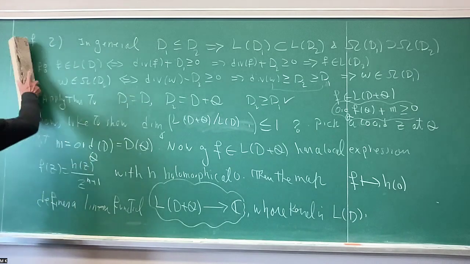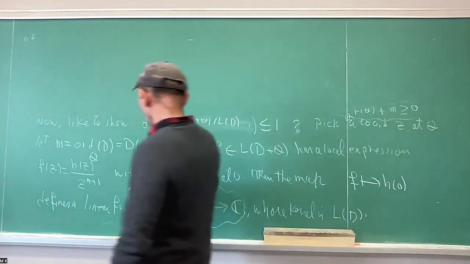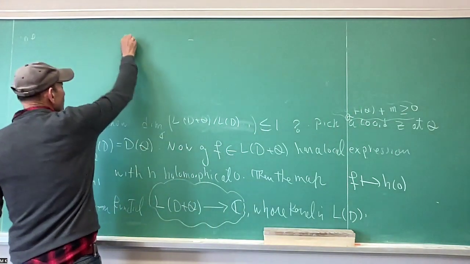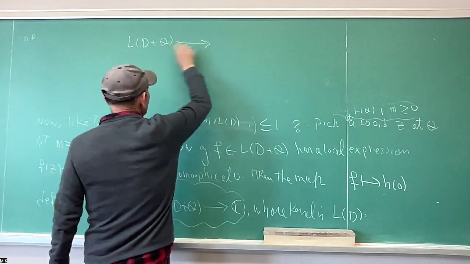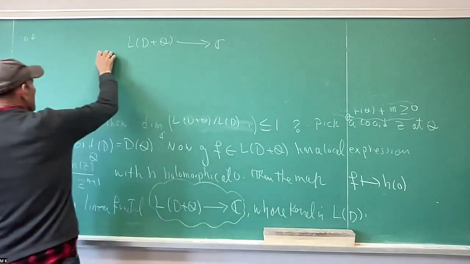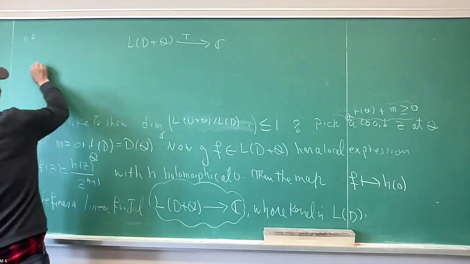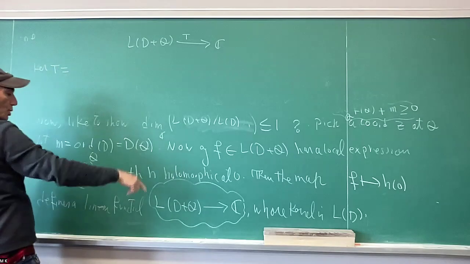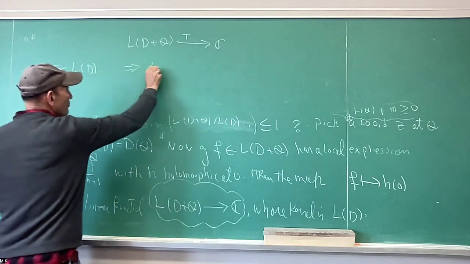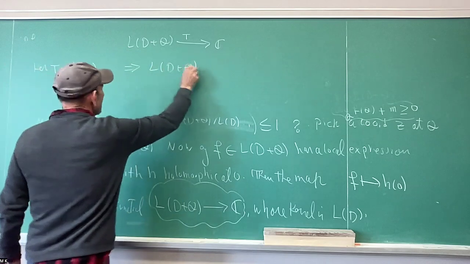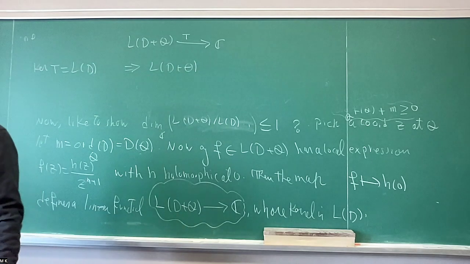So now what we have is the following. We've got a map from L of D plus Q into C, a linear map, maybe call it T, and the kernel of T is equal to L of D. The kernel of a linear map has codimension at most 1.